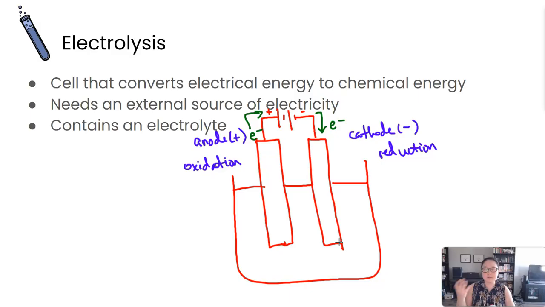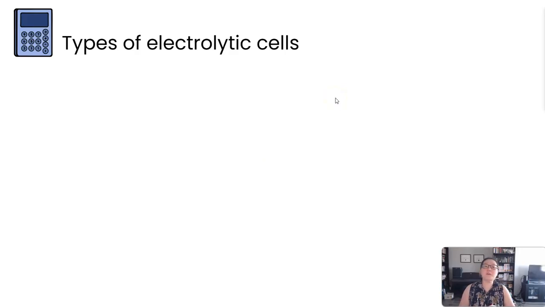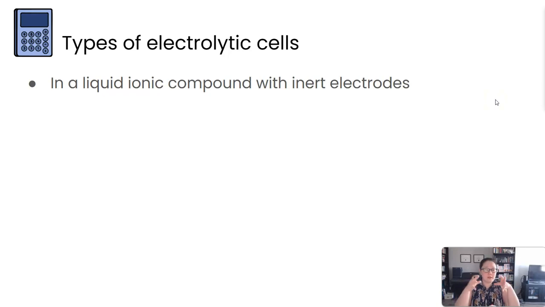So this is going to be the general idea of what an electrolytic cell is going to look like. The details in terms of the half reactions are going to depend on what you put in it. There are plenty of things that you can put in electrolytic cells, and we're going to divide them into three categories that you might need to consider when you're sketching out and figuring out what's going on in an electrolytic cell. The first type is you take your ionic compound, you melt it down so that the ions are free flowing, and then you stick some inert electrodes in there.